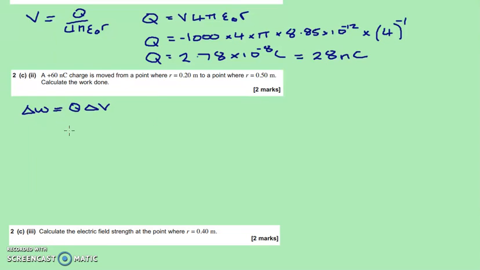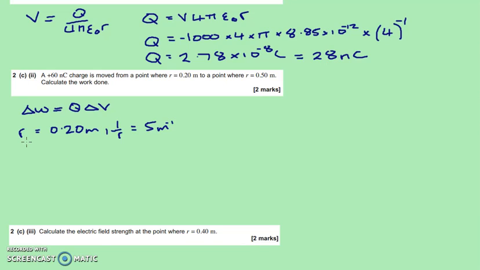So what we want to know is where R equals 0.20 meters, 1 over R equals 5, that's meters to the minus 1. And we'll go back up to the graph in a second.